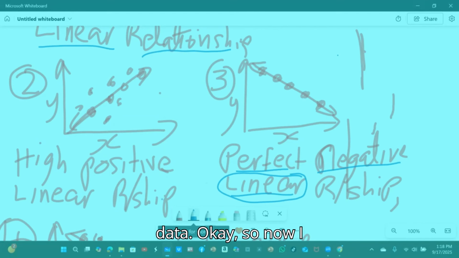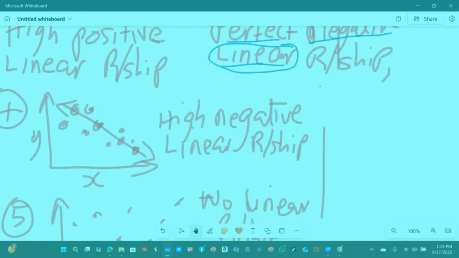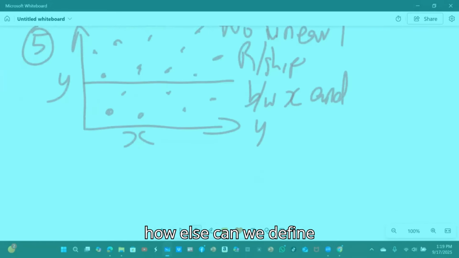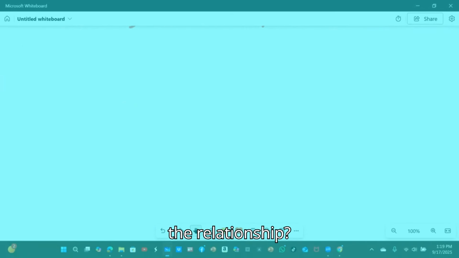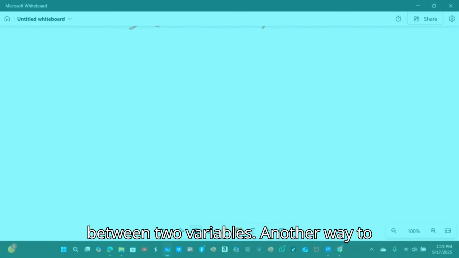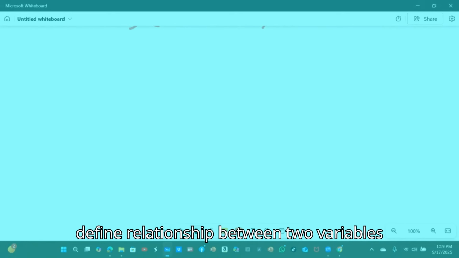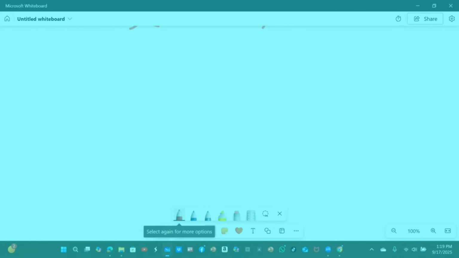Okay, so the next one is how else can we define the relationship between two variables? Another way to define the relationship between two variables is using the coefficient of correlation.